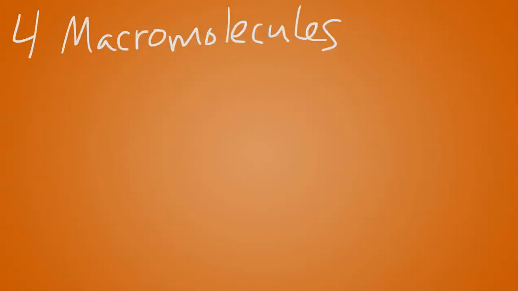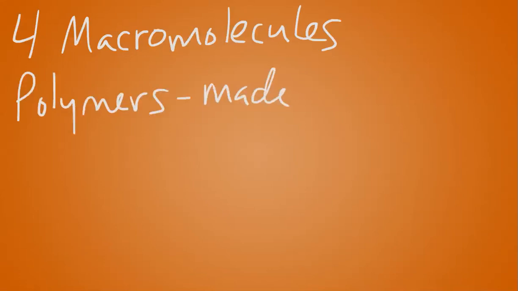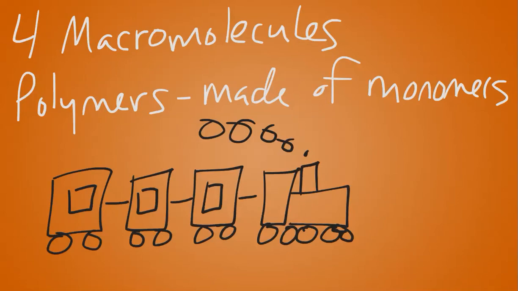So very briefly, let's review. There are 4 major types of what we call macromolecules. These macromolecules are polymers, and that means they are made up of monomers. So monomers, we said, were like cars on a train. We string them together, and when we string them together, we get a polymer.